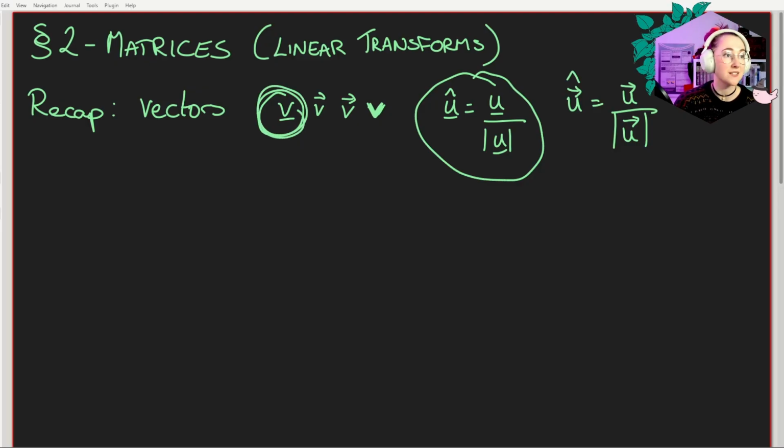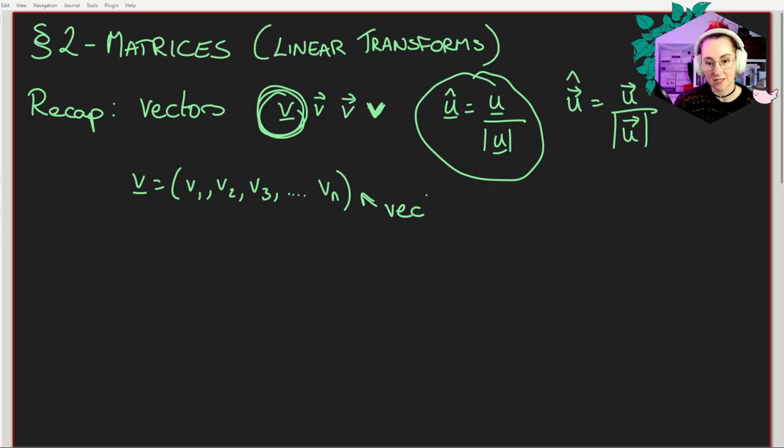But vectors were basically arrays of, or lists of numbers. So the vector would be with entries v1, v2, v3, all the way up to some length n, and that is a vector of length n, where all of these numbers are scalar values.